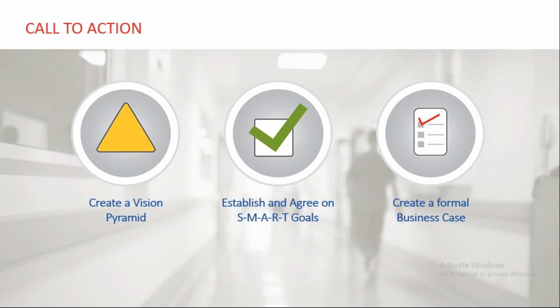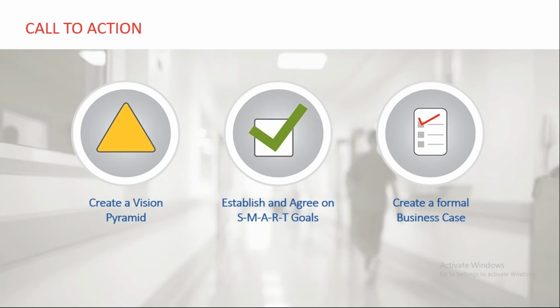Establish and agree on SMART goals, and this obviously has to be an effort that is pursued with your key stakeholders that have a stake in the vision and the mission that you're trying to pursue with the project. The SMART goal, obviously, I'm not going to spell out what the acronym means. You can Google that, but they just need to be very specific and measurable goals.